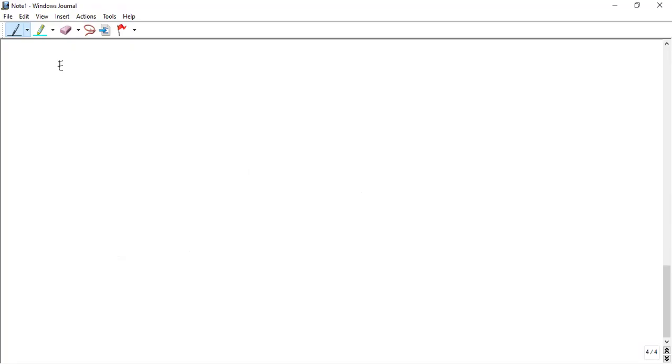First example is, we consider a group which is denoted by U15, and that consists of 1, 2, 4, 7, 8, 11, 13, and 14.